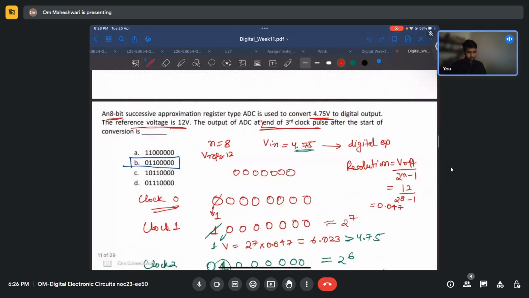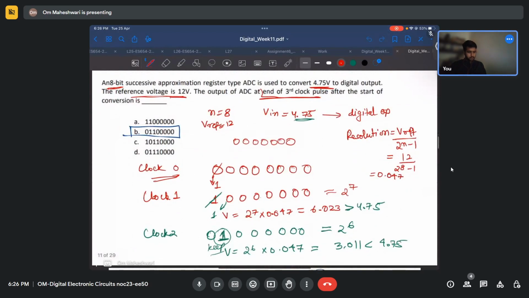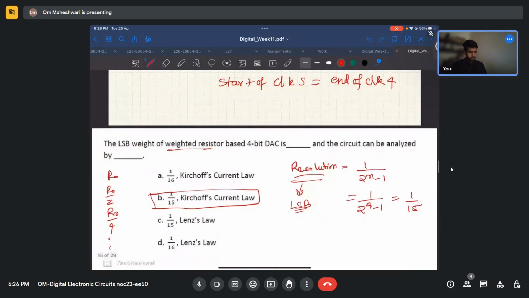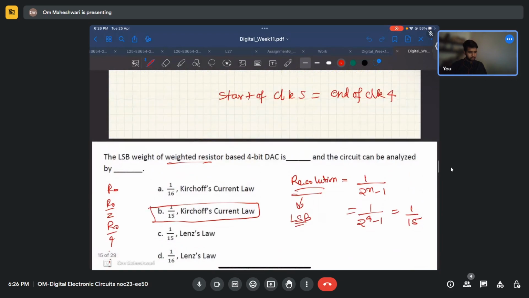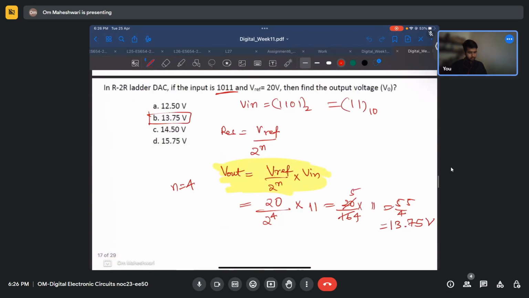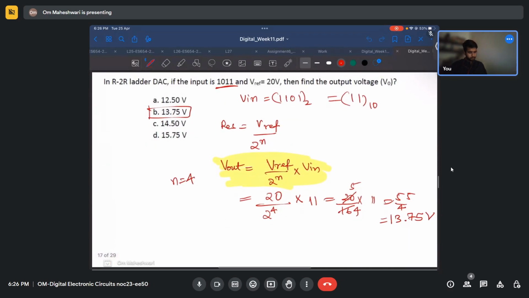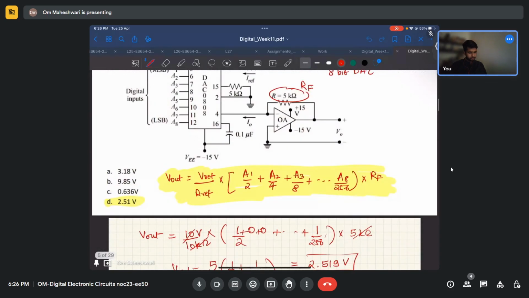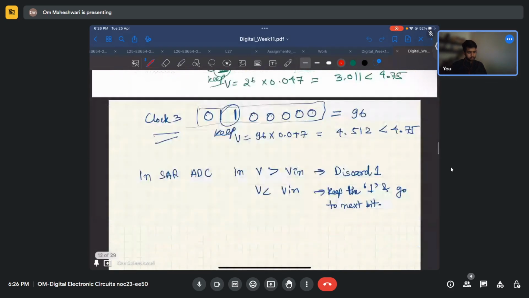So this is a good question. Successive approximation type ADC. Okay, one is DAC, this is ADC. So let us solve this one.